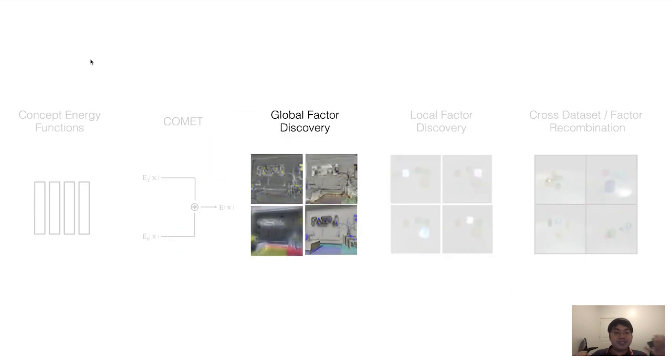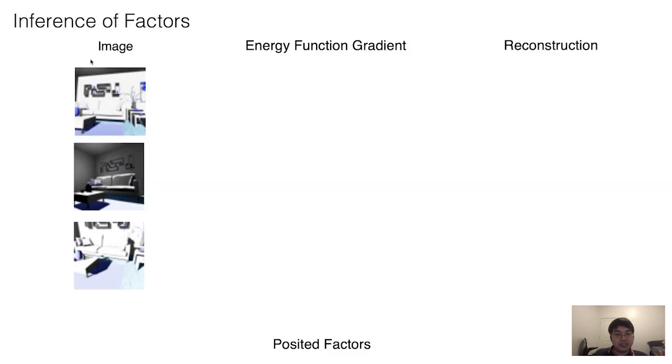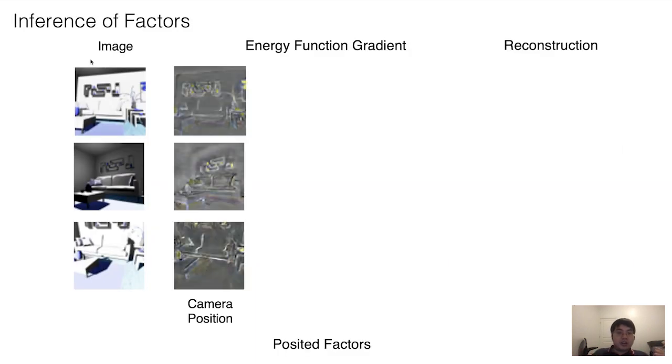Next, I'll present some results of our approach when applied to global factor discovery, again, completely unsupervised. Consider these three images. In what follows, we illustrate the gradient with respect to each of the inferred energy functions.